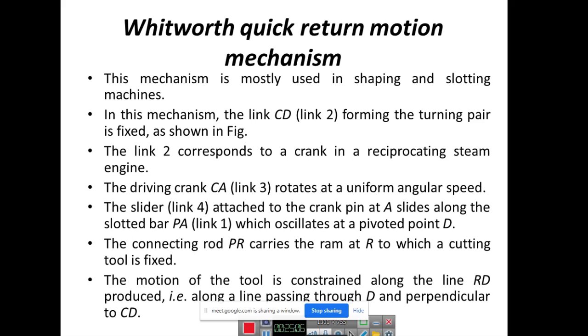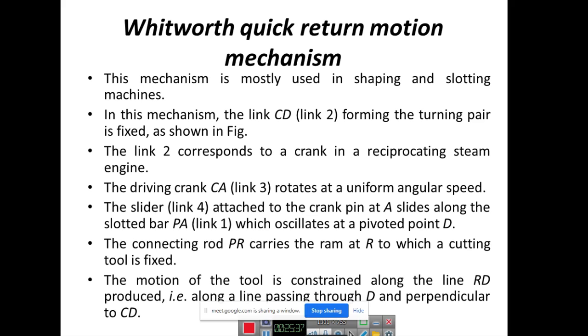Okay, so here link 2 is made fixed as shown in the figure, and link 2 corresponds to the crank of the reciprocating steam engine, and crank 3 CA rotates at a uniform angular speed, whereas the slider, that is link 4 attached to the crank pin at A, slides along the slotted bar PA, which is oscillated at a pivoted point D, and connecting rod PR carries the ram at R, to which a cutting tool is fixed.